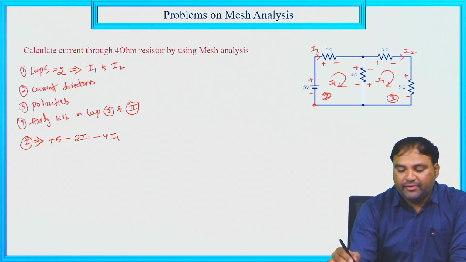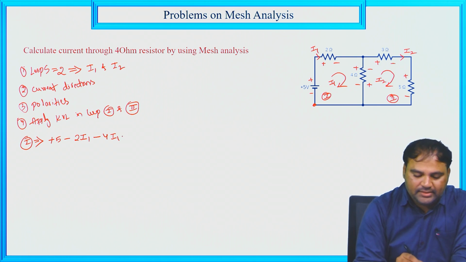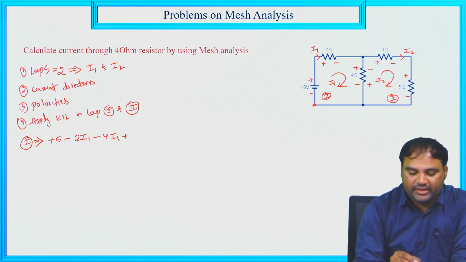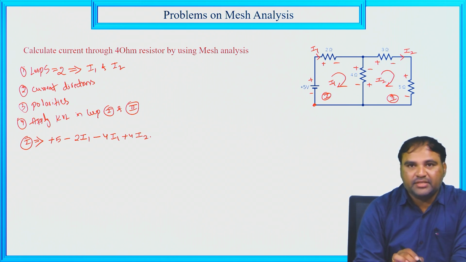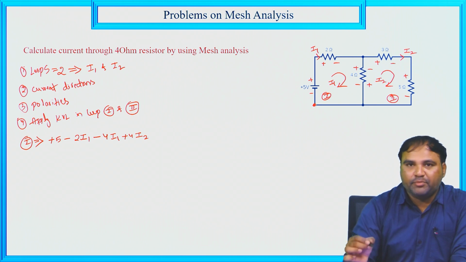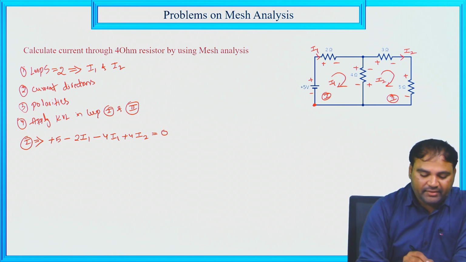Similarly, at 4 ohm we have another second polarity, that is plus. So plus the voltage drop in terms of the second loop, 4I2. Here there are no more elements and this is the ending point, so that should be equal to 0.